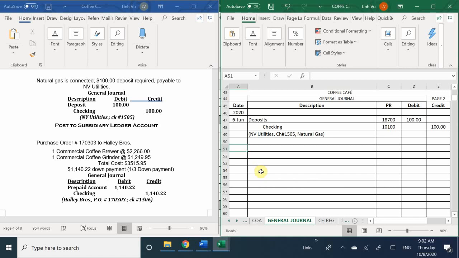So I'm going to debit my prepaid accounts, which was 18,600.